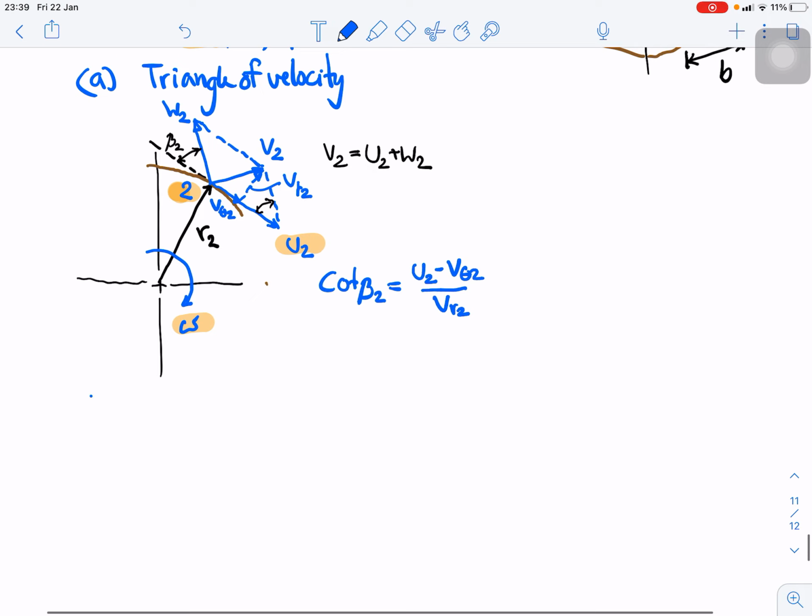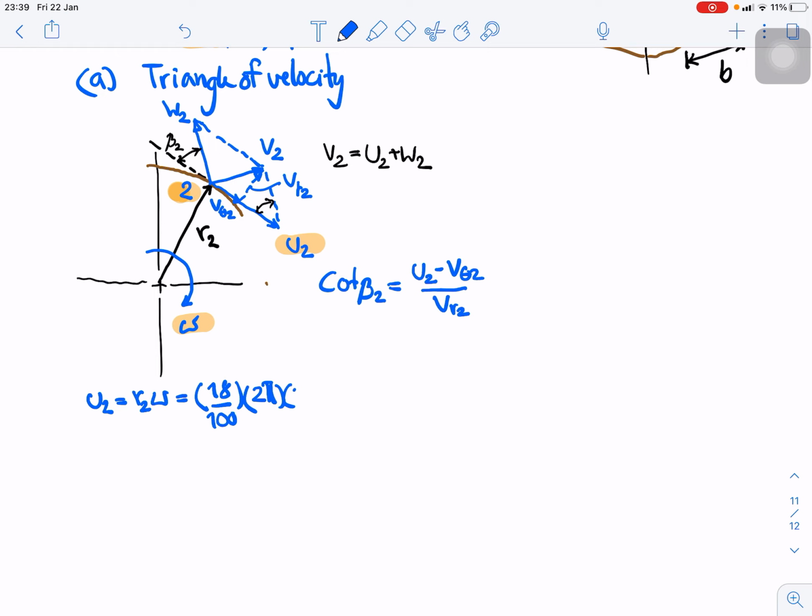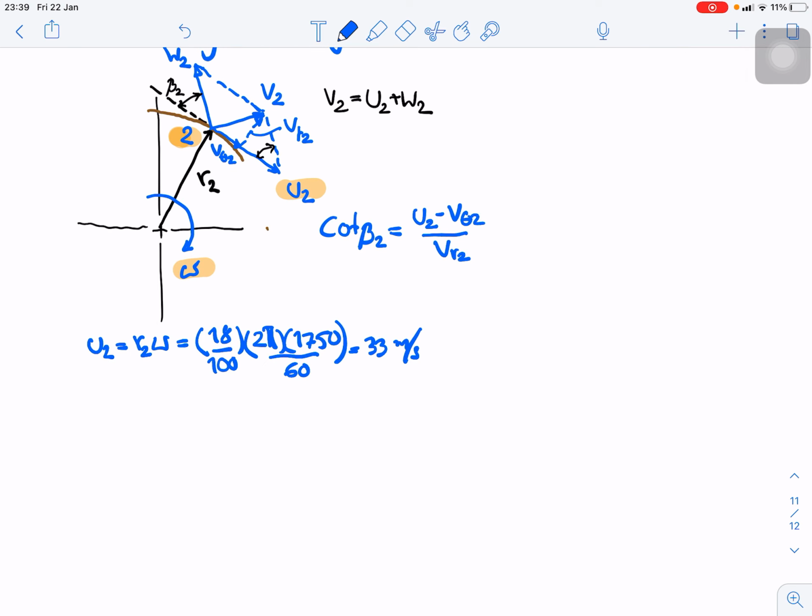And we can find u2, the velocity of the blade at point 2, which is r2 omega. Just times the radius with the angular velocity, converting to radians. So the velocity u2 is 33 meters per second.